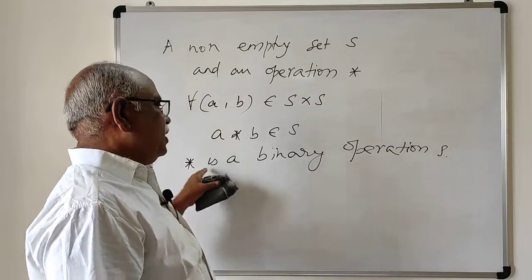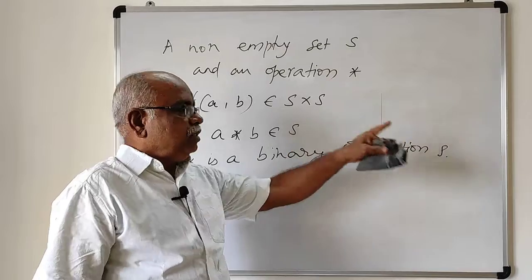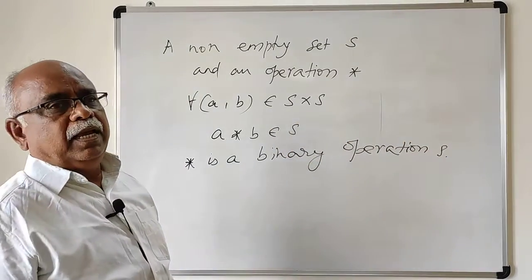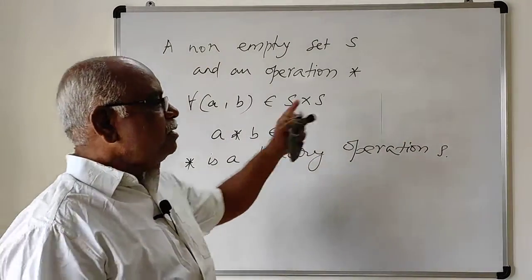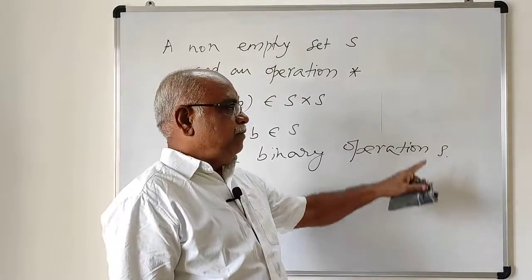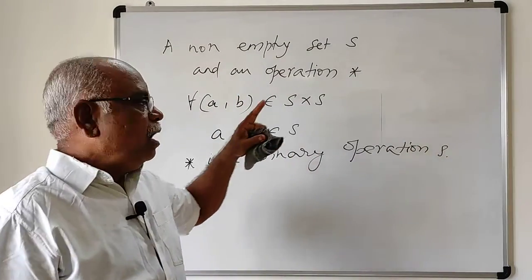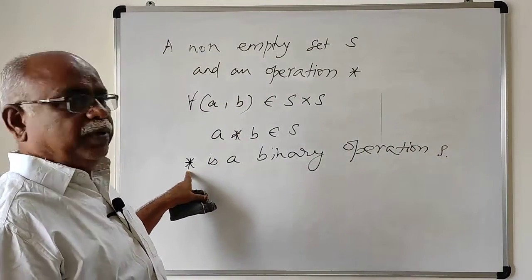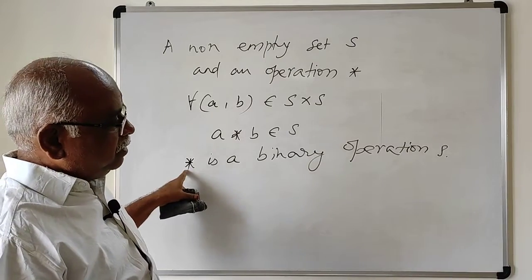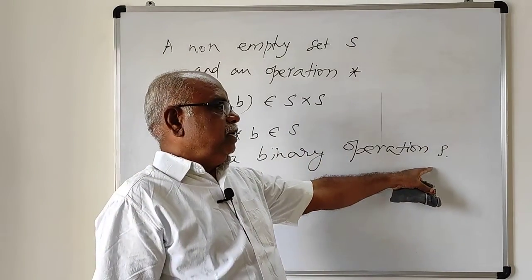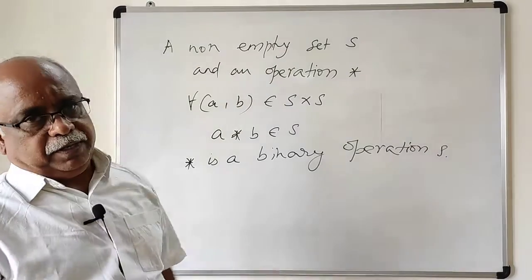Whether an operation is binary or not on a given set depends upon the elements of the set. If the elements of the set satisfy this operator and the resulting element is again in the given set, then the operation is said to be a binary operation.